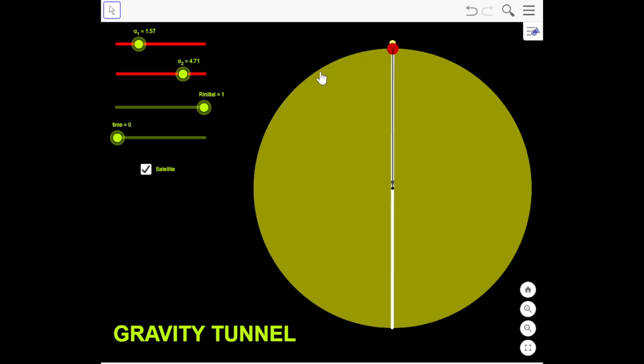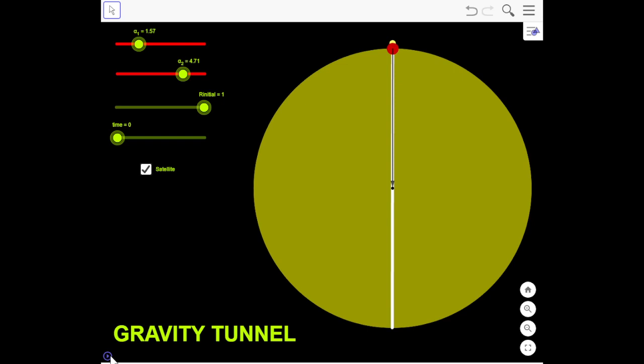Any real planet would have mountains and such and it would crash into them, or an atmosphere. We're assuming there's no atmosphere here, there's no mountains, it's perfectly smooth. So this satellite is just barely above the surface. And it can be proved that its period of motion, the time it takes to make one orbit, is the same as the time it takes this guy to make one cycle.